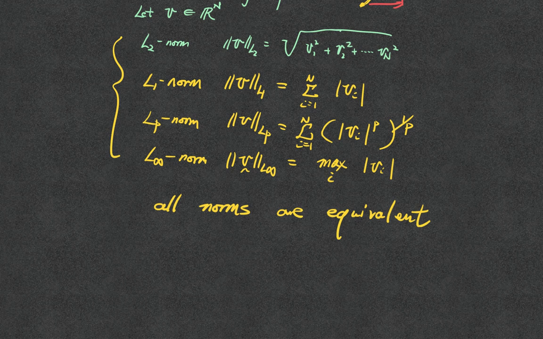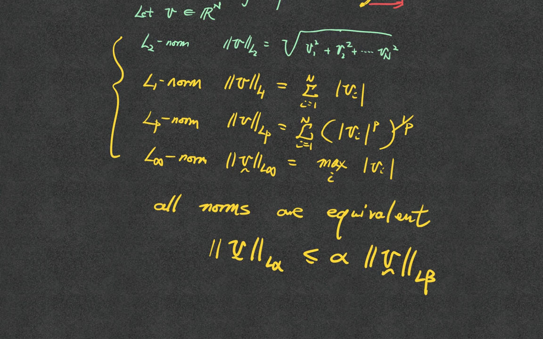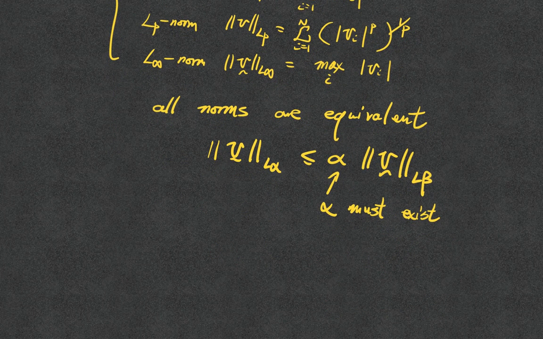No, of course not, you use a different distance. What it means is that they can be bounded by each other, so there exists a scalar alpha where you can make one the upper limit of the other if you multiply by that alpha, and alpha must exist in order for the norms to be equivalent to each other.